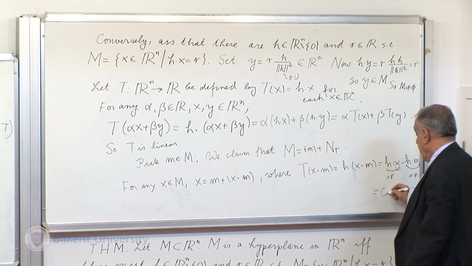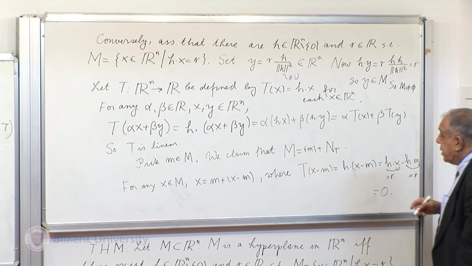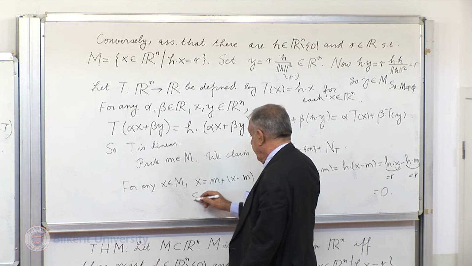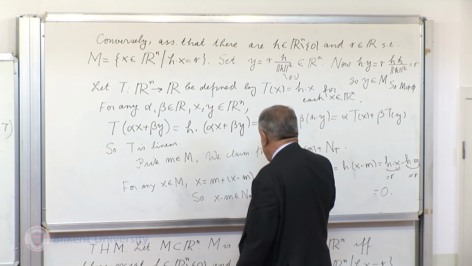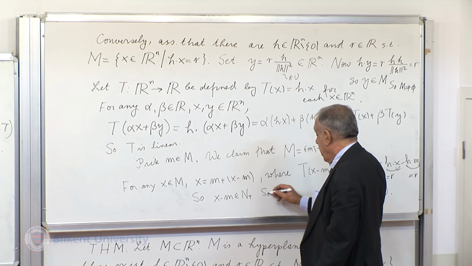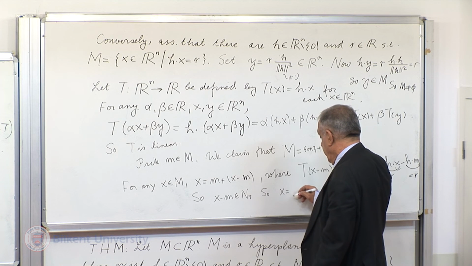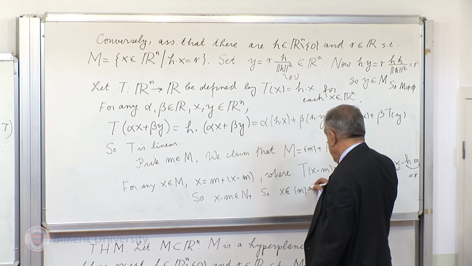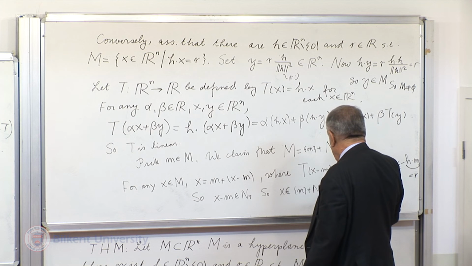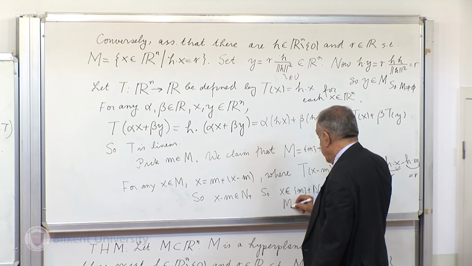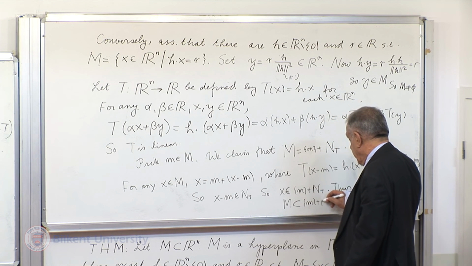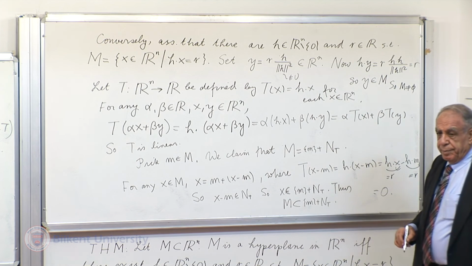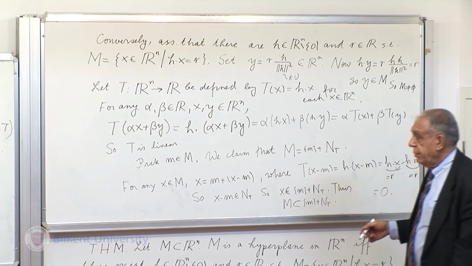So this is equal to 0, which means x minus m is in the null space of T, so x is in singleton m plus N(T). Thus, M is contained in m plus N(T). Now let's show the converse as well.